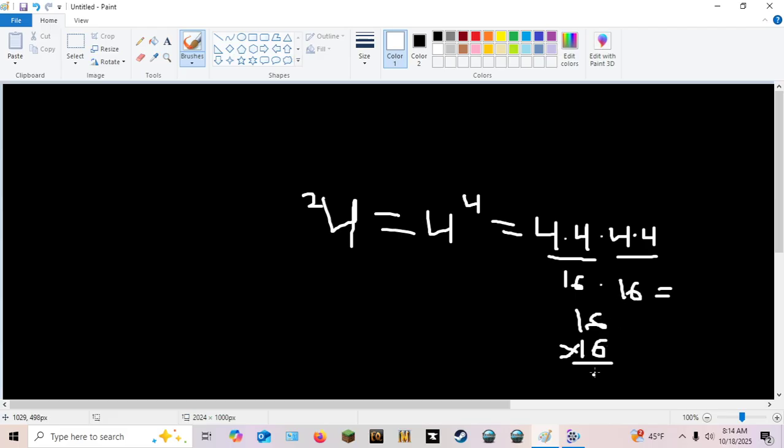We have to set it up in the standard algorithm of multiplication. Now 6 times 6 is 36. 6 times 1 is 6. 6 plus 3 is 9, and then this cancels. 0. 1 times 6 is 6, and then 1 times 1 is 1.